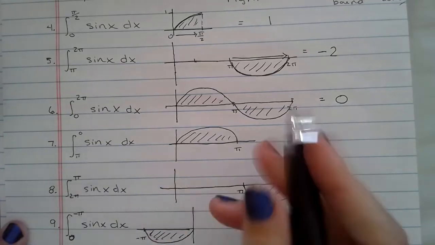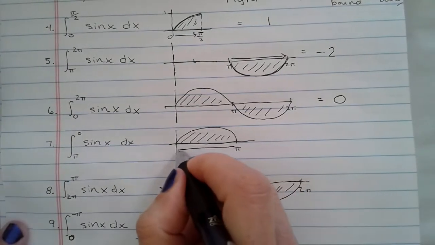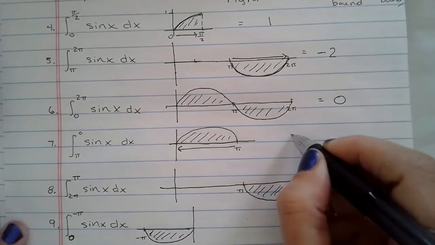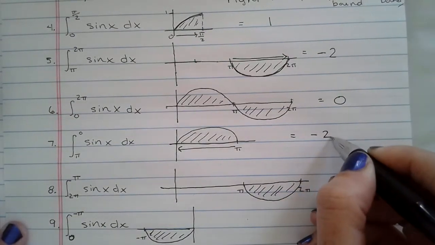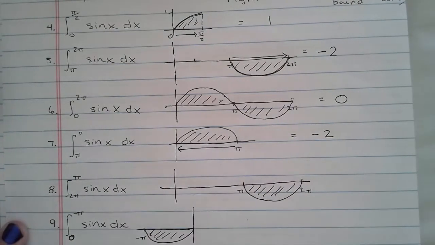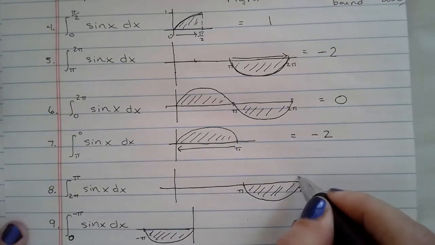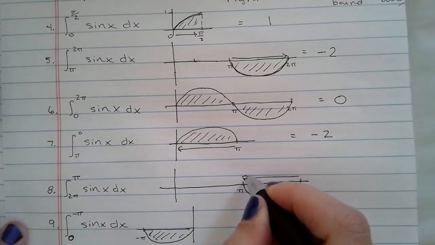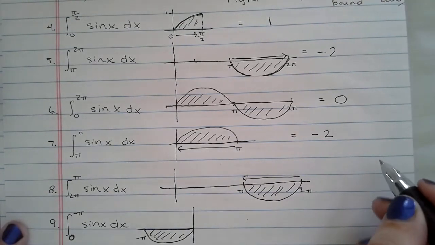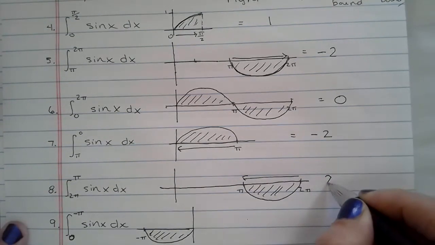And pi to 0, I'm kind of expecting a negative on this one, just like we got above. And it would be negative 2 because we integrated from right to left. And then we're going to integrate from 2 pi to pi. Once again, I'm going right to left, so it's backwards, but lo and behold, I actually get a 2.